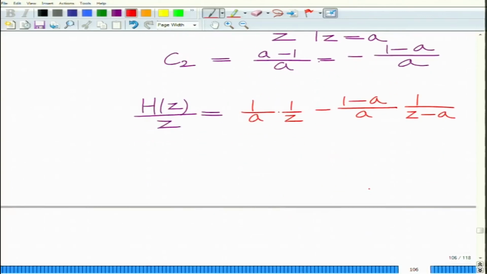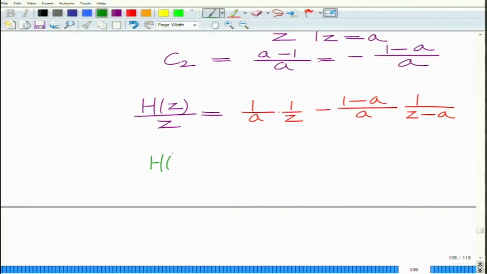Now, for a right-handed signal we know 1 over z corresponds to the delta function, the inverse z transform is delta n, and 1 over z minus a is a raised to n u n. And of course, this is H(z)/z, correct. Now let me just correct this.